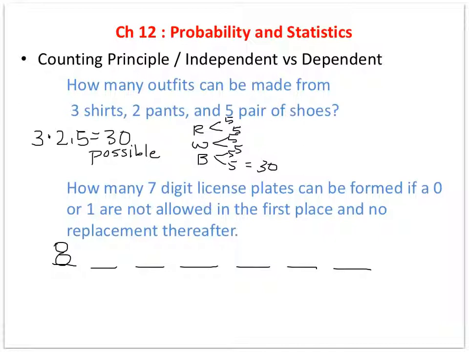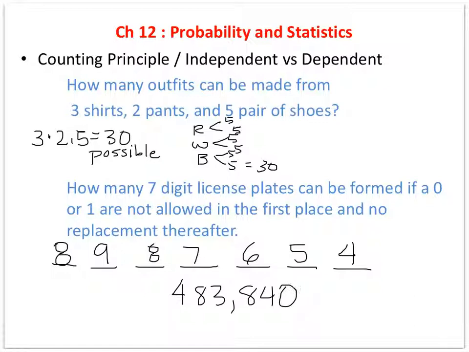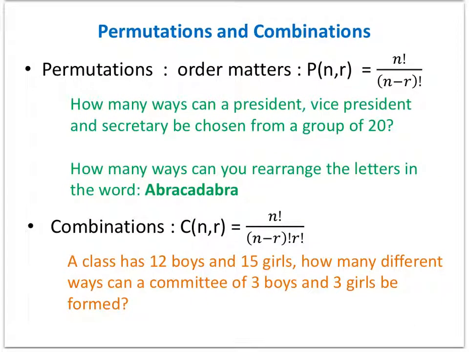Now when I go to the second place, I'm not allowed to use the number that I'd already chosen, so I only have 9 to choose from. So that leaves me with 9, and then it's going to go down by 1 each time, since I'm not allowed to have any repeats. And when you multiply that all together, that's the counting principle, you get 483,840 possible combinations.